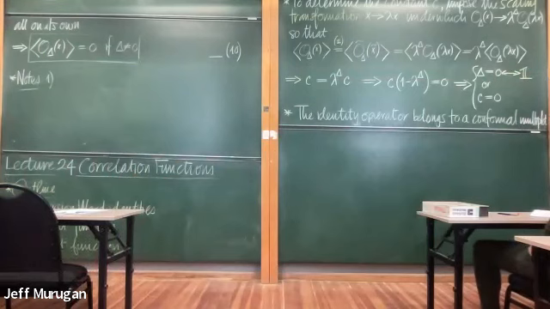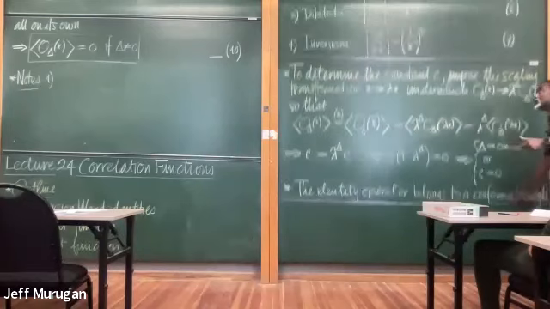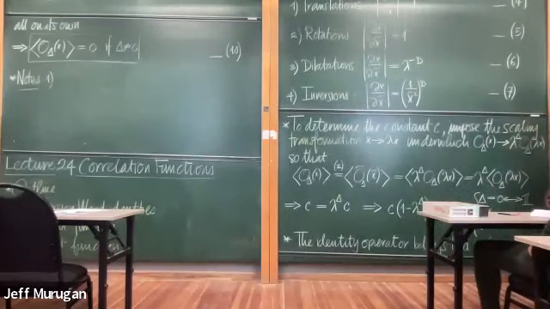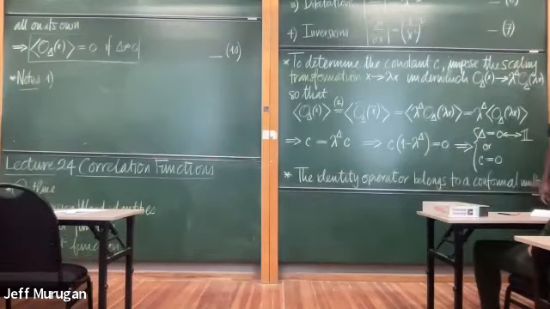But I've only imposed 2. Translations, 2 out of these 4. Translations told me that the 1-point function has to be constant. Dilatations told me that that constant has to be 0, or delta has to be 0.